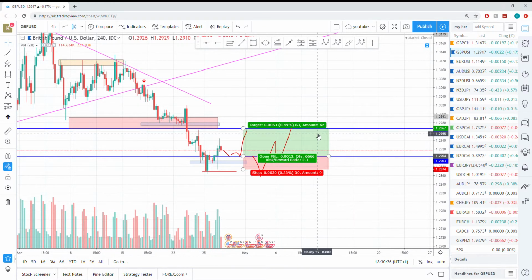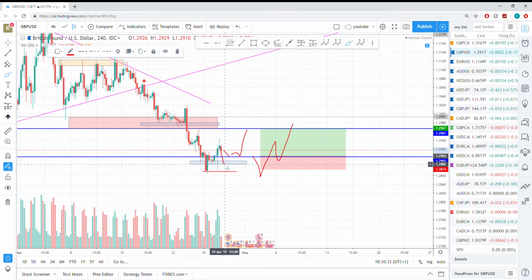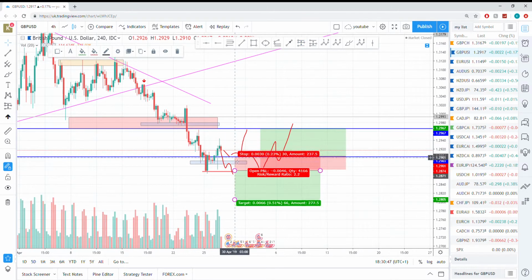So I would look for shorts. If price comes here, closes, gets a retest from here, and then on the entry of this passes that, it would give me a better signal for a short, maybe just on the key zone level.